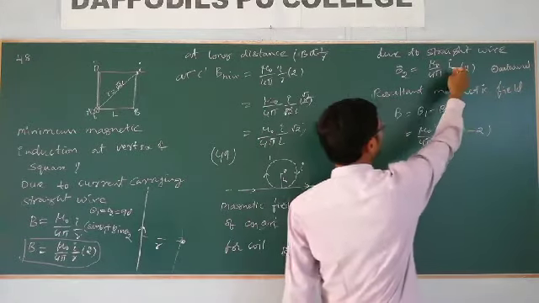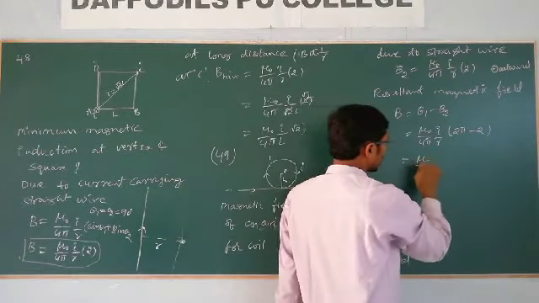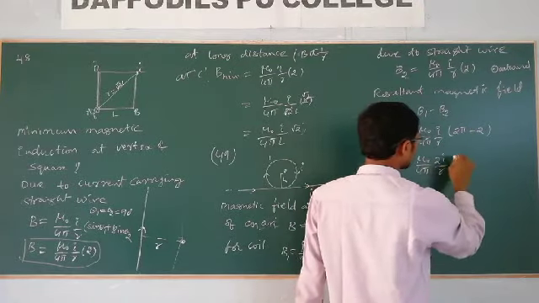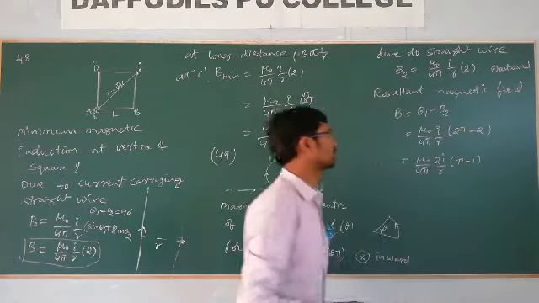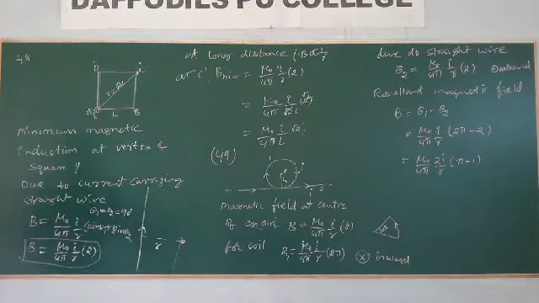Here μ0 by 4π I by R is common. So what we get here is μ0 by 4π into 2I by R into (π minus 1), which we have. The second option will be the answer.